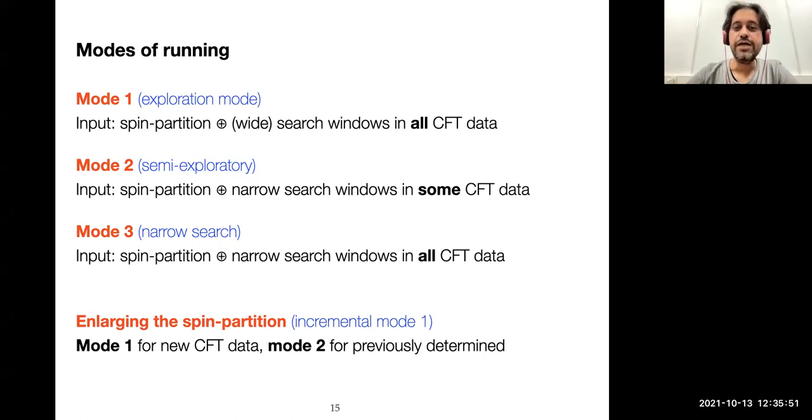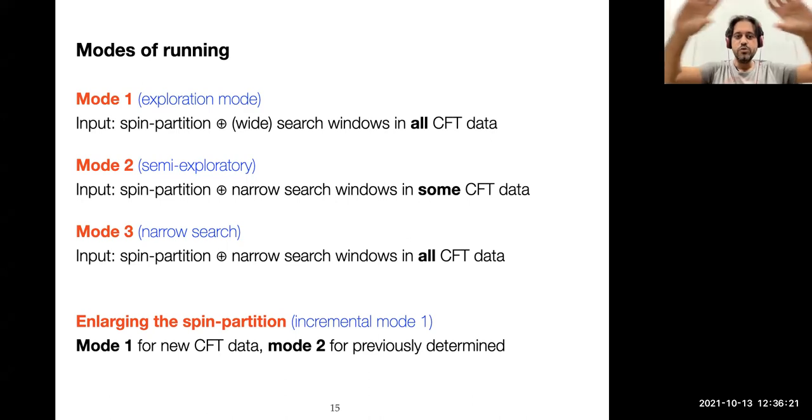And then you can say, okay, maybe I don't have lots of information for the spin partitions at higher cutoff. Can I discover it dynamically? One thing you can do, and this is actually some of the data that I will present, is the following. You take the low-lying data, you get the solution for it, you add one more operator, say at one specific spin, and you run the code to see where it wants to put it.